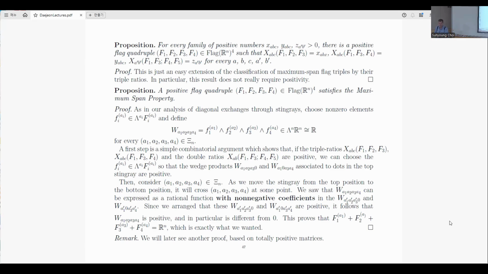It's not that God said, and there will be triple ratios. I don't know exactly how Fock-Goncharov thought about these things, but certainly there was this idea of totally positive matrices, which was in the background, and they made the connection with that, and they understood everything, and that's what's behind that. And my goal is to explain a little bit the connection. So that's what I'm going to try to do today and tomorrow.